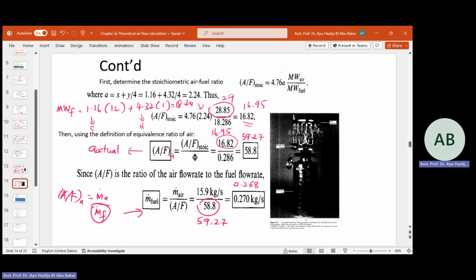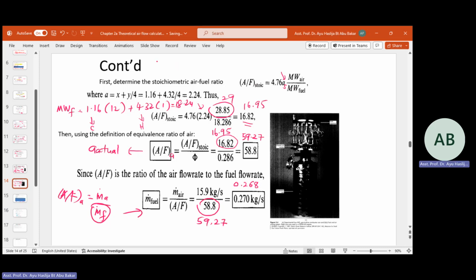The difference is A ni, sama ada you guna A actual atau A stoic. Betul. Kalau A stoic, kita straight away boleh cari daripada fuel tadi. Ni AF stoic, so sini A stoic lah. Kalau AF actual, A actual.